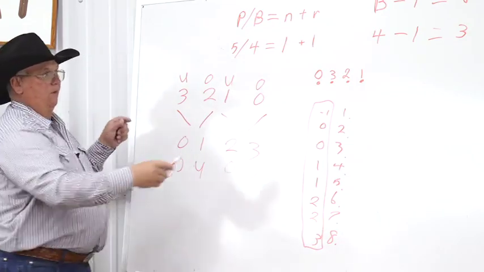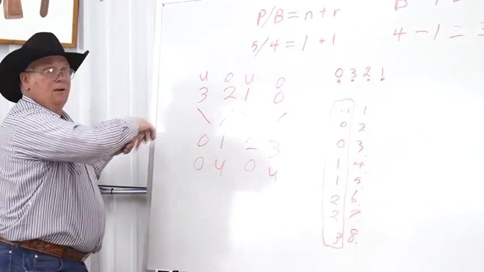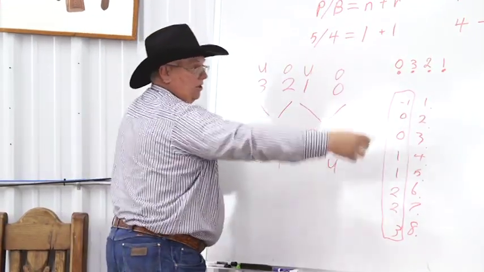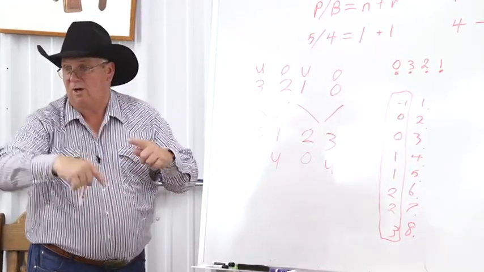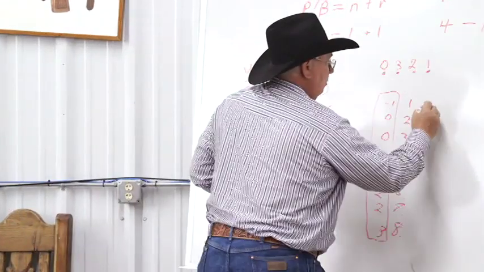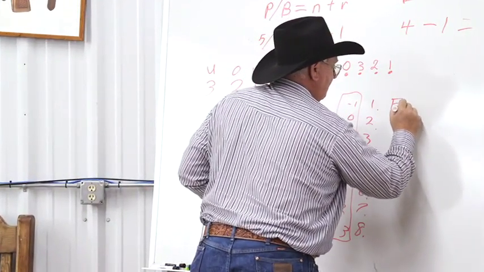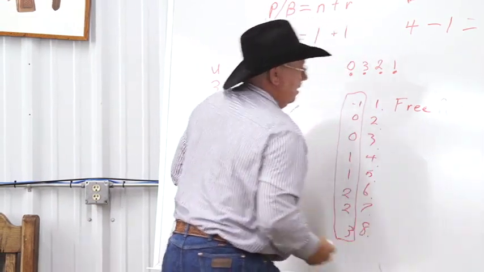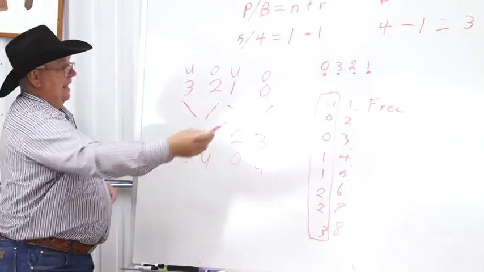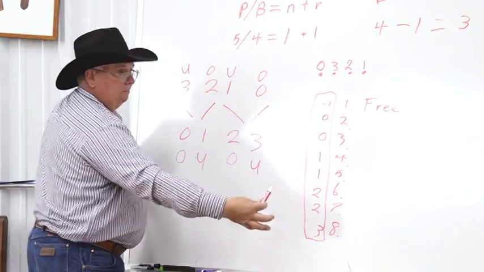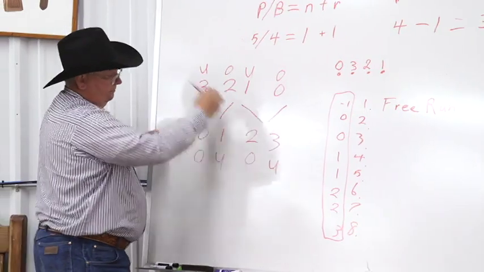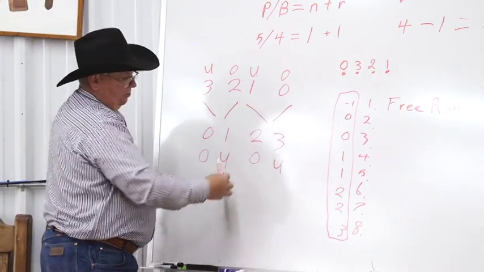So my first one's a -1. There's no -1s. So it is always a free run because you have no crossings when you're tying your knot. So we'll write free run. No crossings. Now, we're on the bottom right, going left, in an upwards direction.